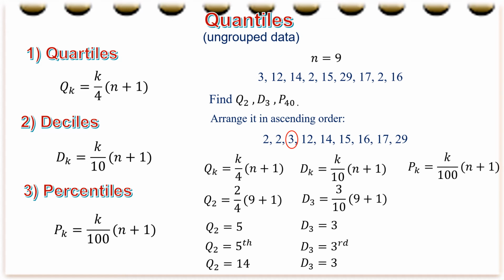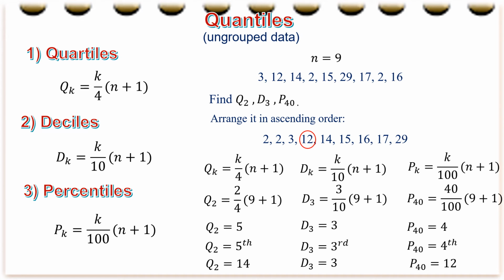And then we have P sub k. We are going to determine P40, which is equal to 40 over 100 times 9 plus 1. Simplifying further, P40 is equal to 4. It means that P40 is the fourth number, which is equal to what? Correct, P40 is equal to 12.